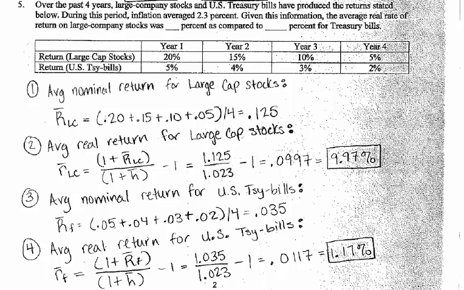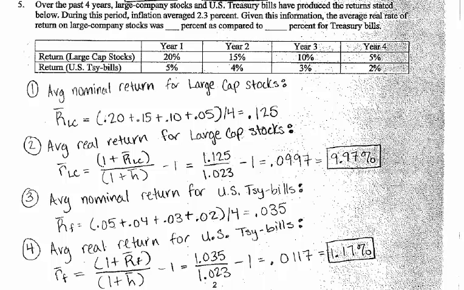The first thing you've got to do is find an average for both large cap stocks and for Treasury bills. You'll just get those real quick, the arithmetic averages for them, add them up and divide by 4. So steps 1 and 3 below should be super easy. And then to find the average real return, you're going to use the equation that we got right out of the Fisher equation.